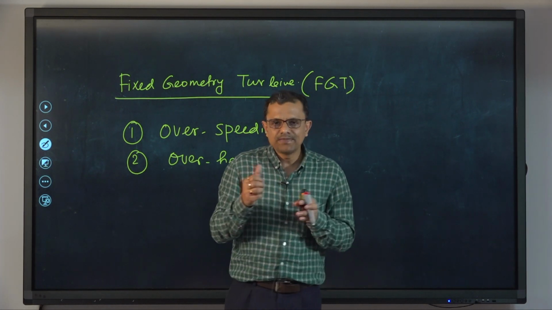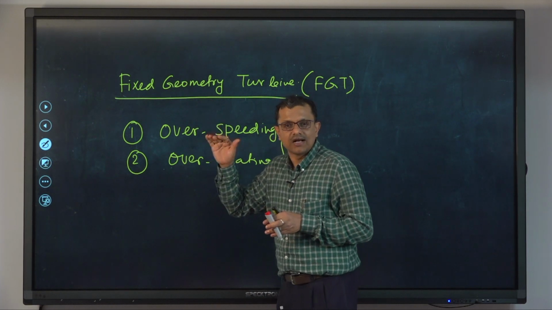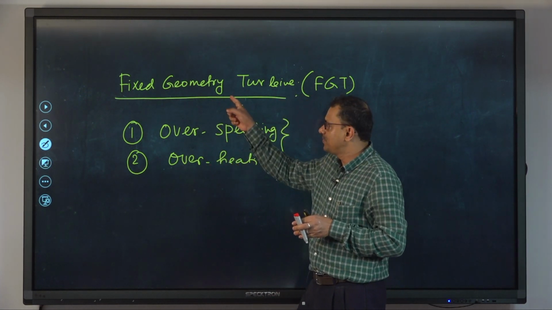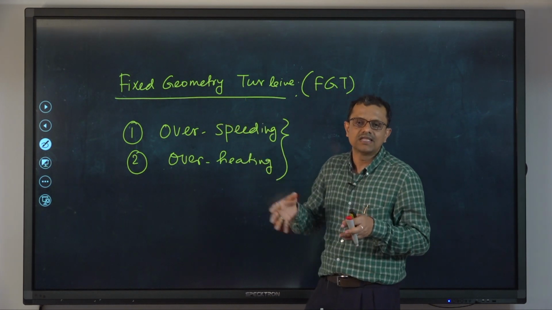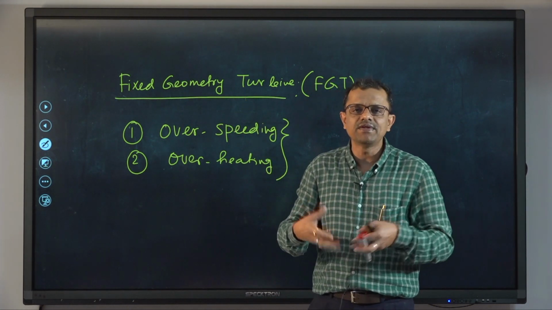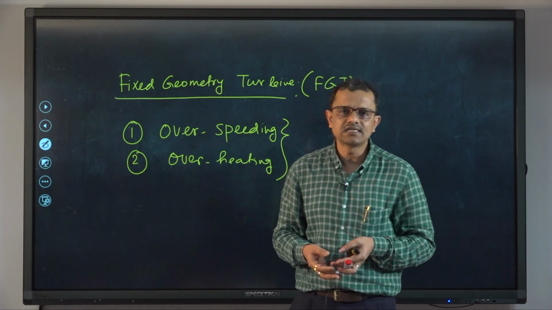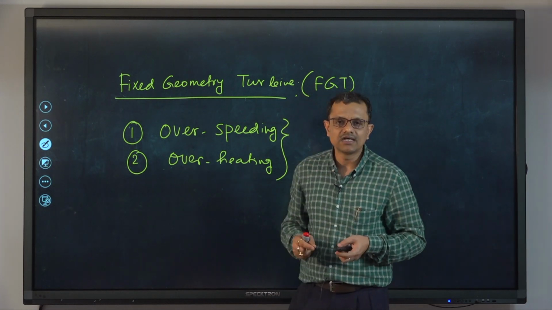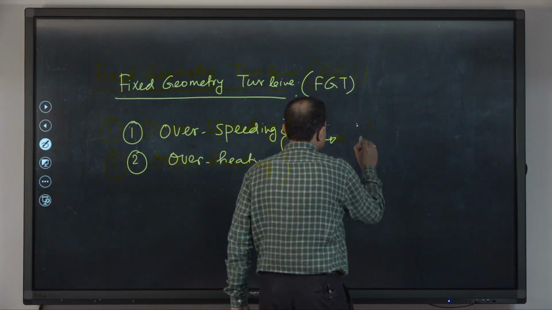So, that means we can understand that using a fixed geometry turbine we can have only high speed, and then these two problematic issues will arise. If we allow the turbine to run at a low speed, then compressor operation can be unstable, as it can approach the surge line. So, accounting for these two, typically what is done is the concept of variable geometry turbine.